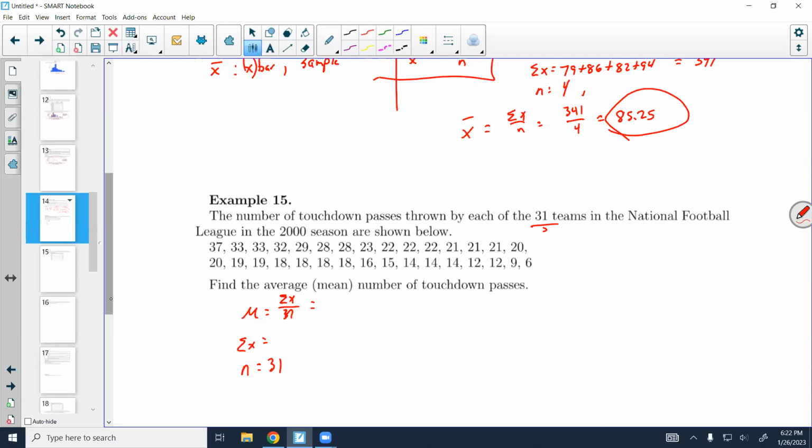I get 634, divided by N, which is 31, and we get 20.4. So again, it's add them all up, divide by how many there are, and that is your mean, or average. Any questions?